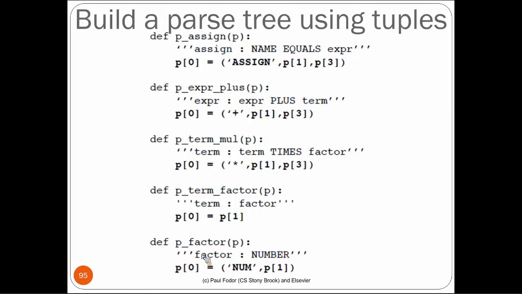The same way, we can actually build a parse tree. So there are two examples that we are going to discuss today. In one case, we are actually computing the value of that specific expression. In the second case, we are building a parse tree. And in this example, I'm actually using tuples to build a parse tree. So I'm creating a tuple that has the assign symbol as basically the root or the name of the parent in the tree, and then the two children that we are assigning, P1, which is a name, and P3, which is an expression.